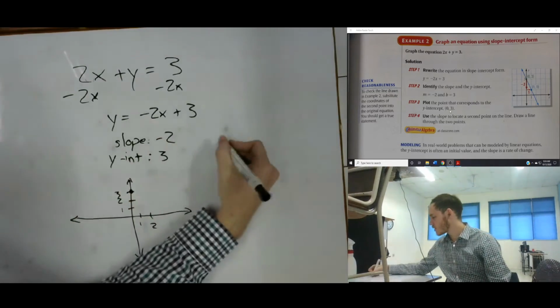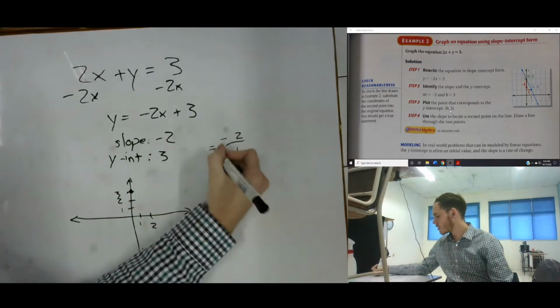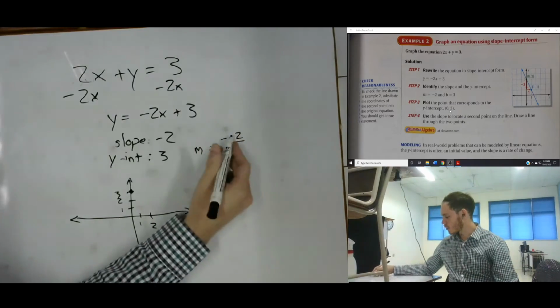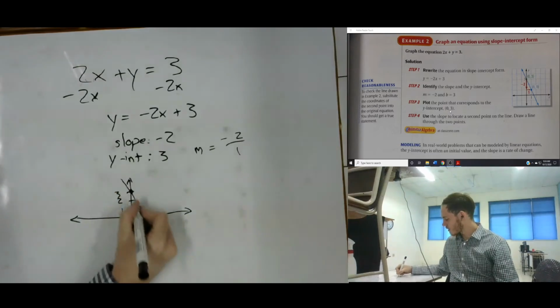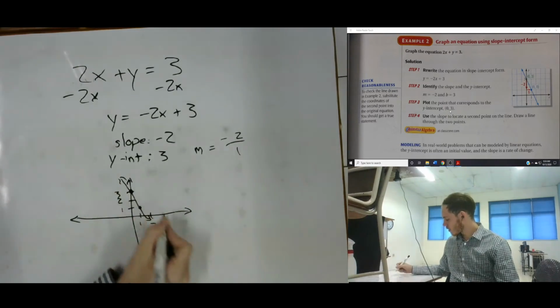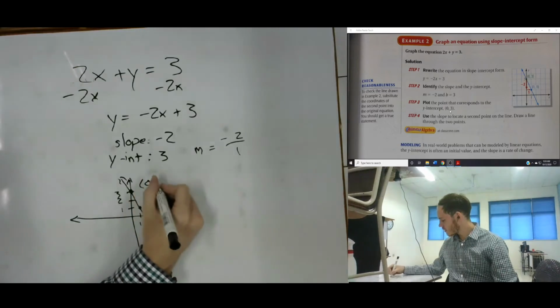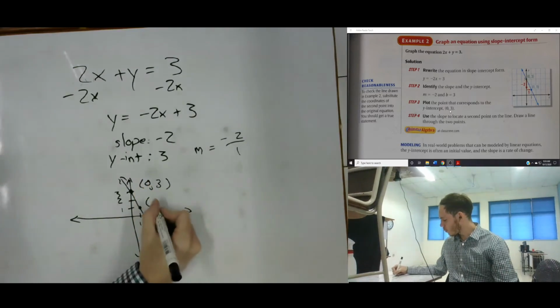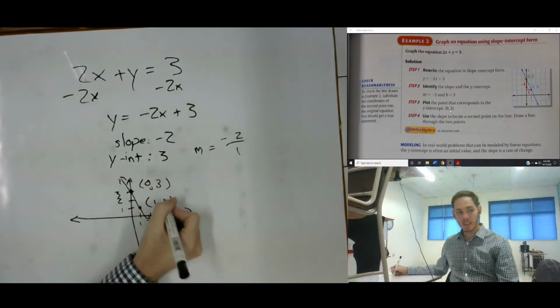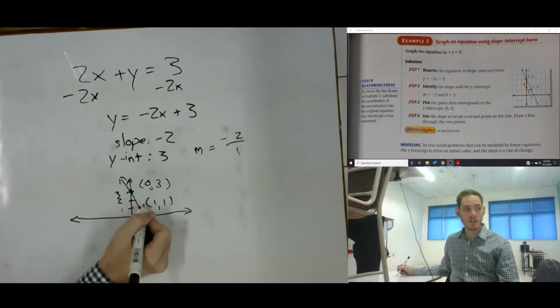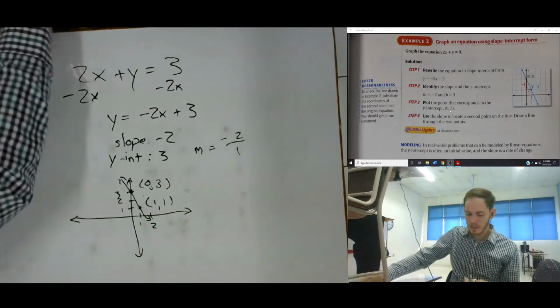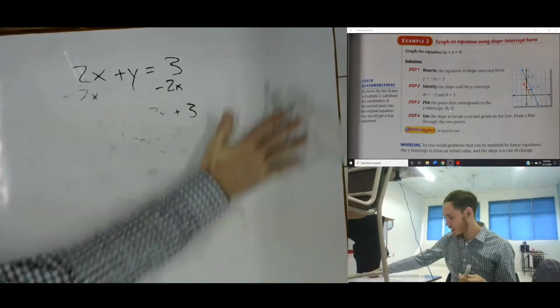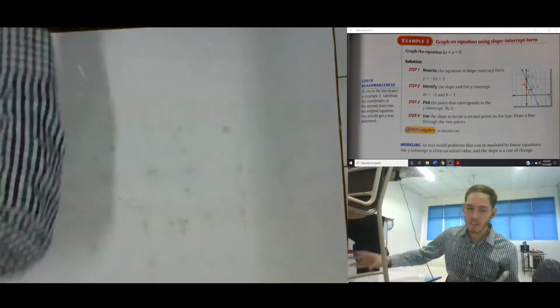A slope of -2 is -2 over 1, and we need to know this because we're going to go down 2 and to the right 1. So our new point is going to be (1, 1), as we went down 2 and to the right 1. And that's how you graph this. You only need to plot 2 points for your graphs: your y-intercept and then one more point using the slope.